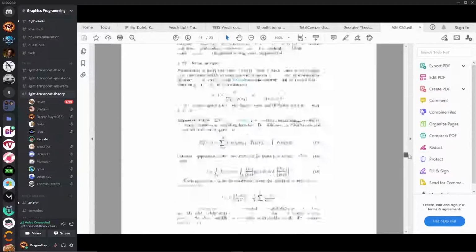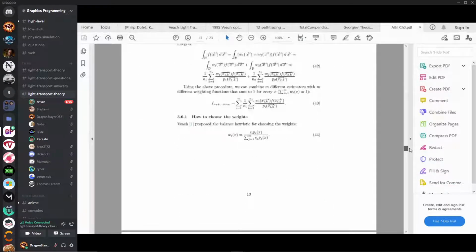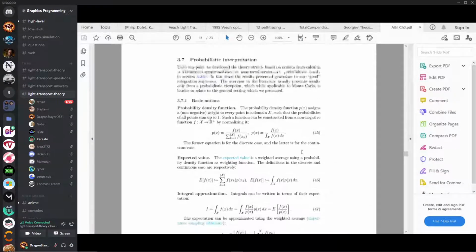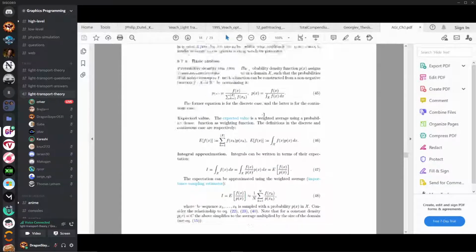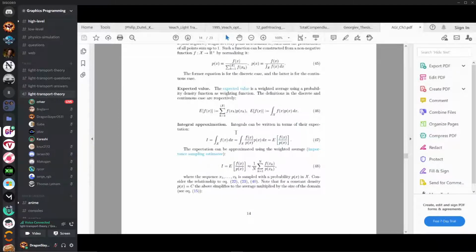And in the probabilistic setting, which is what you find in most of the book, you have the notion of density, you have the notion of expected value, which is simply a kind of average, and you can see, okay, how can I integrate something using the expected value? Well, if you have an integral and you have some density p, you can multiply here. Obviously, this doesn't change anything.